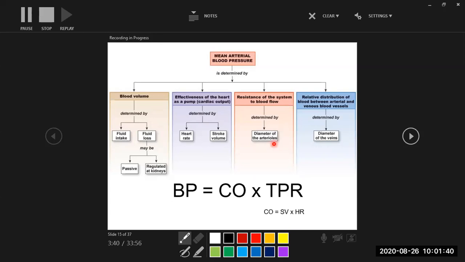If it's narrowing, then, for example, injured endothelium cells will cause the cell to release endothelin, then that will cause vasoconstriction, and that vasoconstriction will increase TPR. And also the diameter of the vein. Again, this one is also related to the total peripheral resistance.